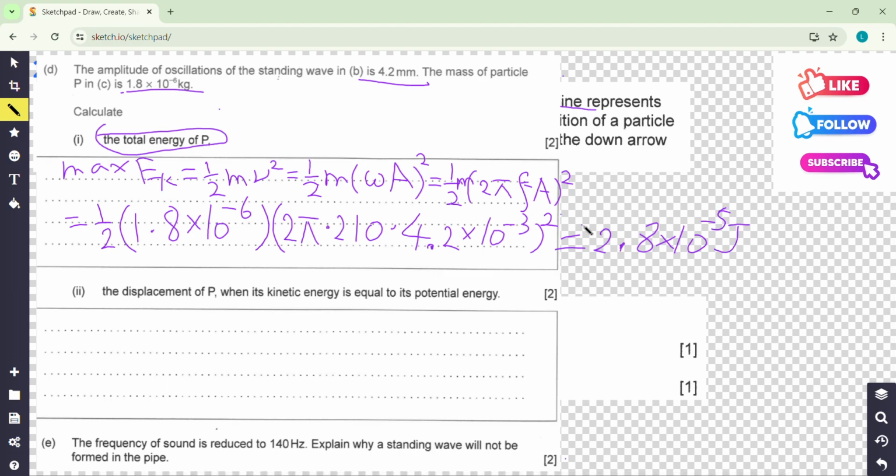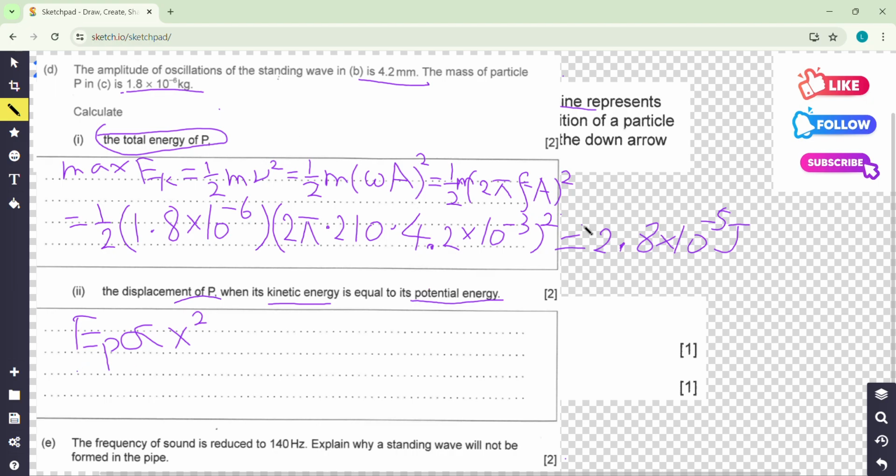Okay, next one. The displacement of P. Maximum is 4.2 millimeter. When the kinetic energy is equal to the potential energy, it means that of the total energy, half is kinetic energy and half is potential energy. And you remember, potential energy is proportional to the displacement squared, right? When it is maximum at 4.2, it gets all the energy. Now you just get half of the energy, right?